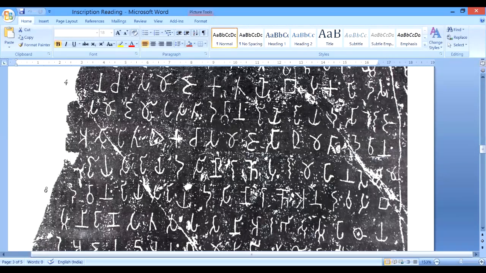De, dakara and ekara, line number 8. De, vakara, akara, deva, nam, then priya, priyasa, priya, dasi, no. Okay, rayo. Okay, priyadasi, no. Ra and yakara, you can see it very clearly. Rakara and then yakara and okara. Then akara. Oh, it's very clear.